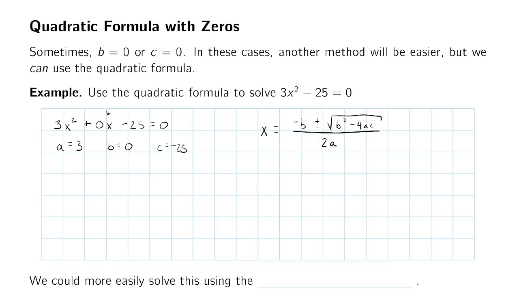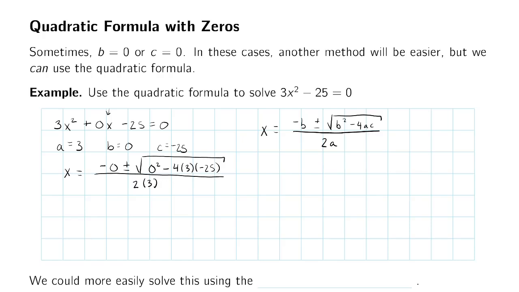When I plug into the quadratic formula for this equation, I'll have x equals the opposite of 0 plus or minus the square root of 0 squared minus 4 times 3 times negative 25 all over 2 times 3.